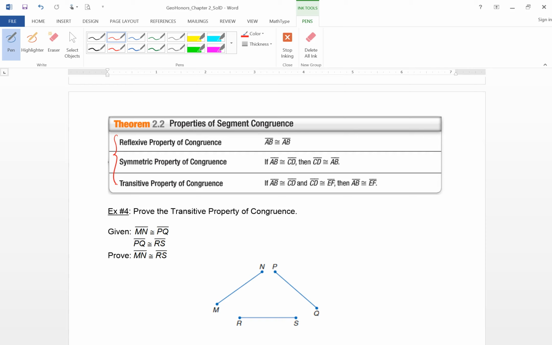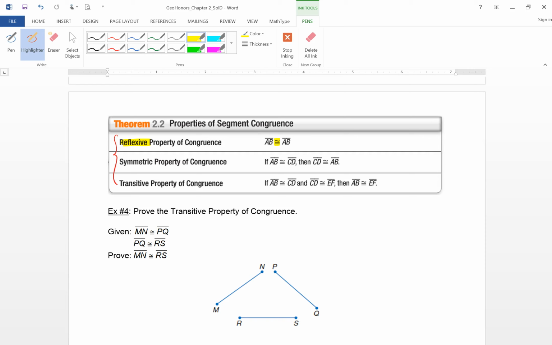Now this is a theorem. It means it's something that has to be proven. So basically, the reflexive property of congruence says segment AB is congruent to segment AB. Remember before we had like A equals A? Now it's for the congruence. AB is congruent to AB.